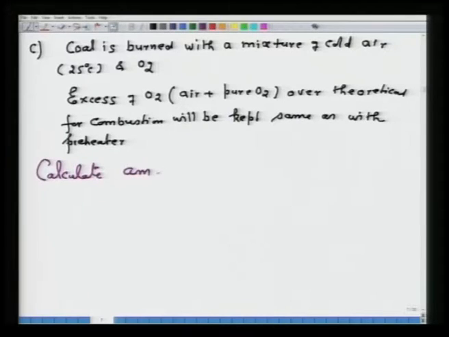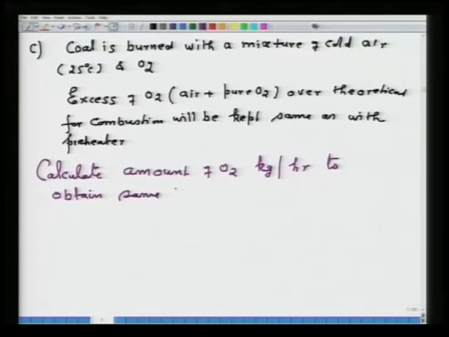Calculate amount of oxygen in kg per hour to obtain same fuel consumption as in part B. So, now what is required to be done, that is you have to obtain now the same fuel consumption, but without preheater as you got in part B.